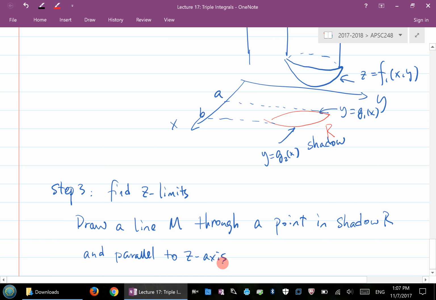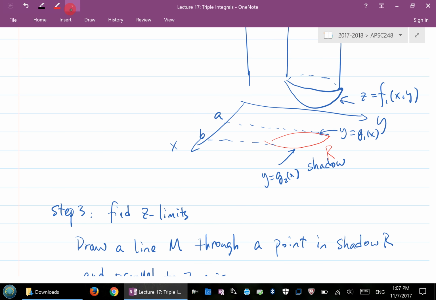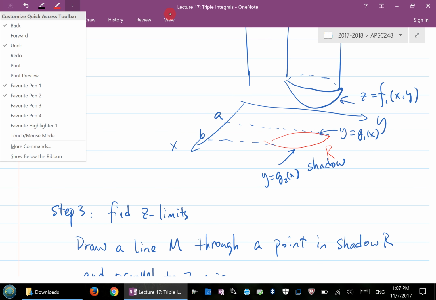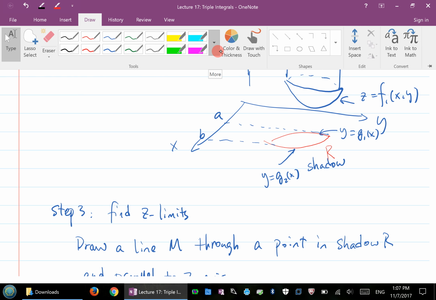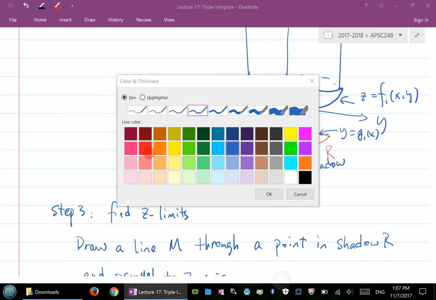I'll show you how you draw this here. Find any point inside this shadow R. I need a little bit thicker red color here.